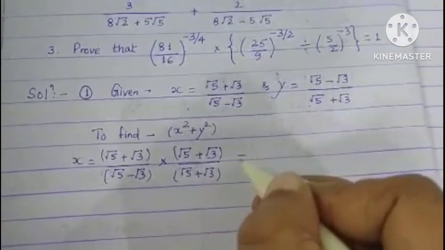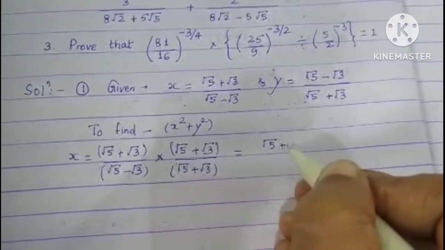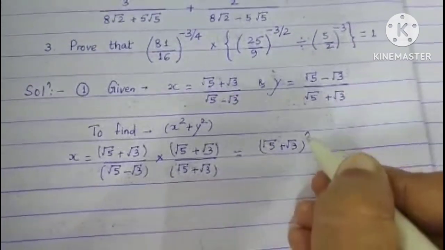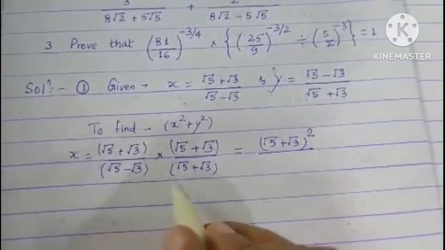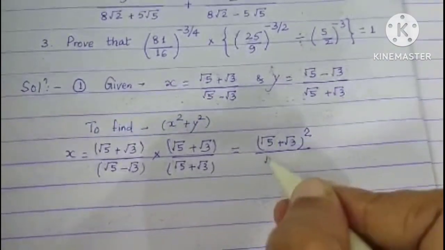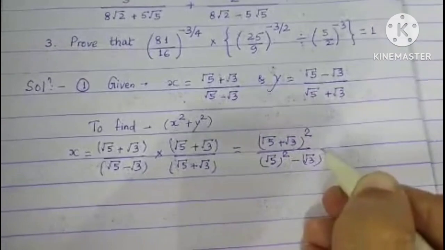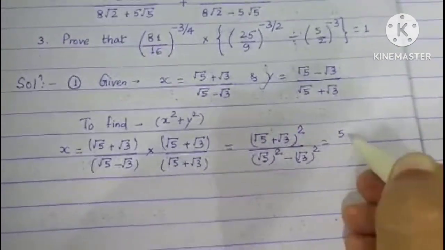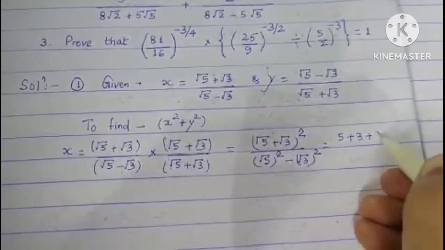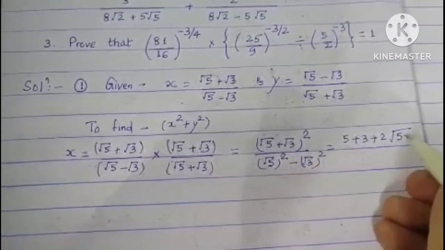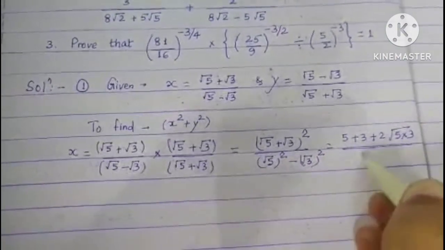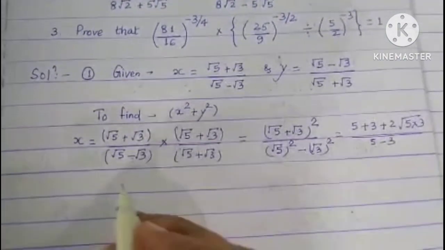So it will come root 5 plus root 3 whole square, and a minus b into a plus b is a square minus b square. So root 5 square minus root 3 square, and the numerator is 5 plus 3 plus 2 root of 5 into 3, divided by 5 minus 3 in the denominator.